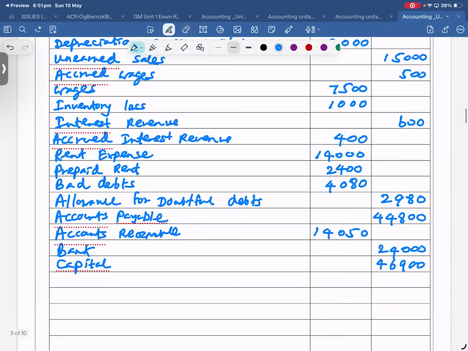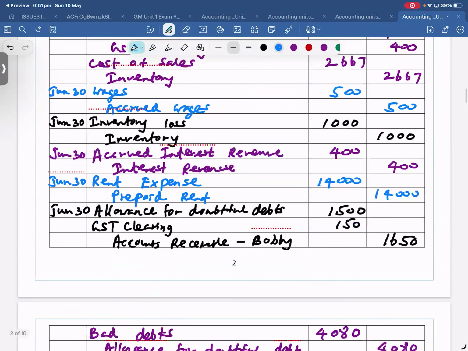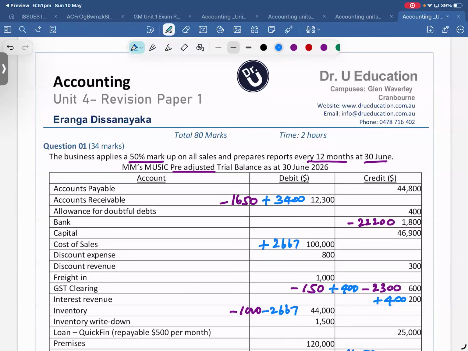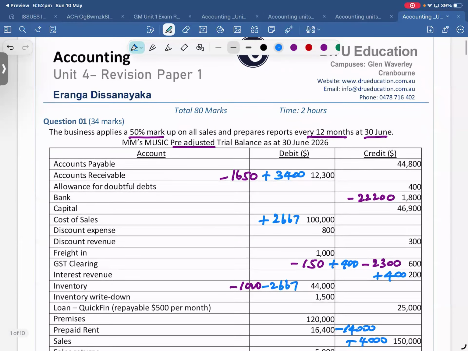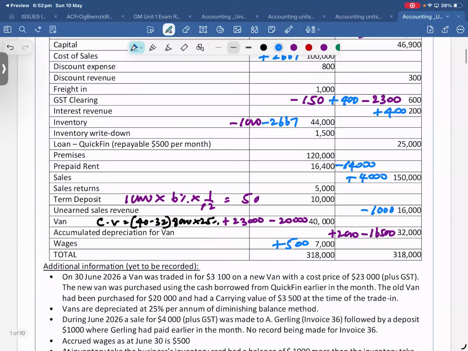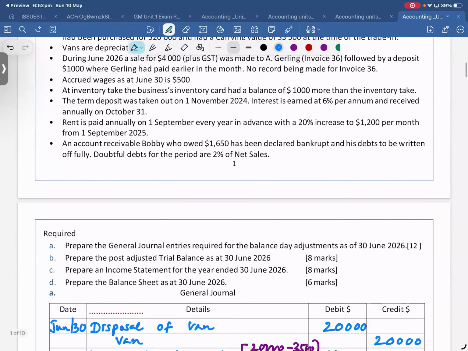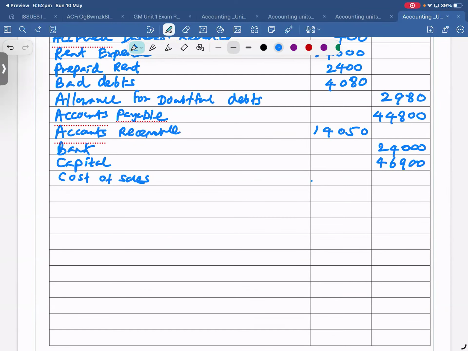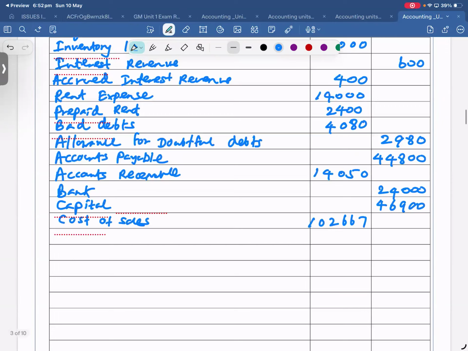Next one, cost of sales, 102,000, under 2667.